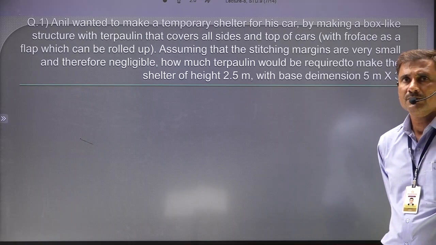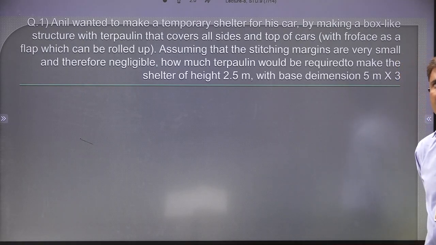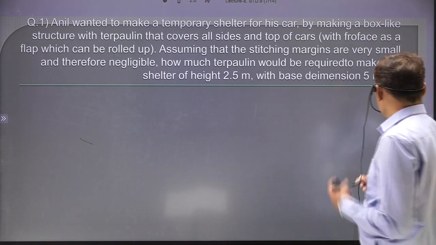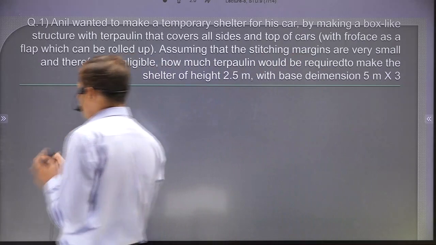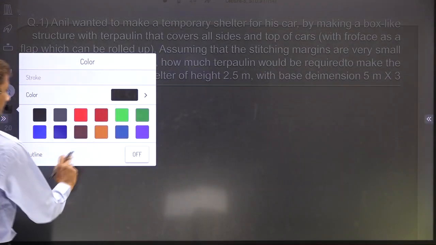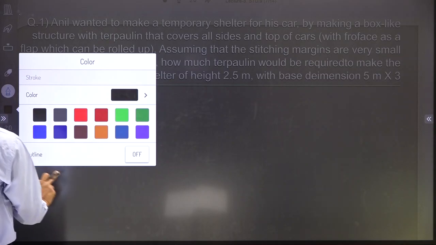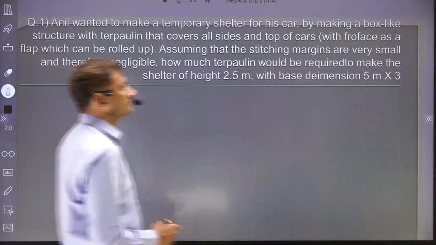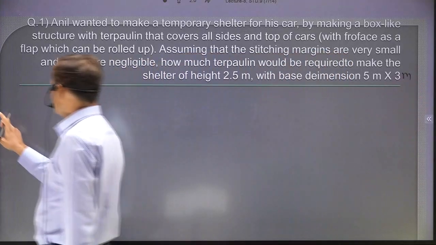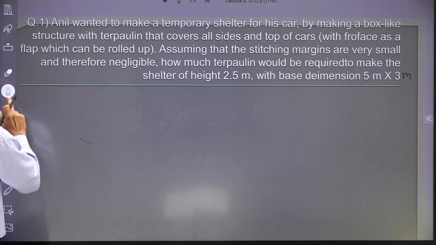How much tarpaulin would be required to make the shelter of height 2.5 meter with base dimension 5 meter by 3 meter? Okay, so the base dimension is 5 meter by 3 meter, that is their length and breadth.